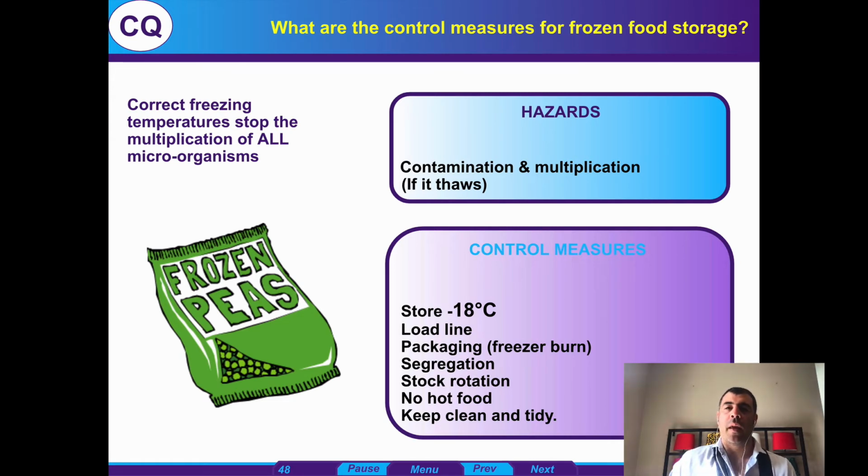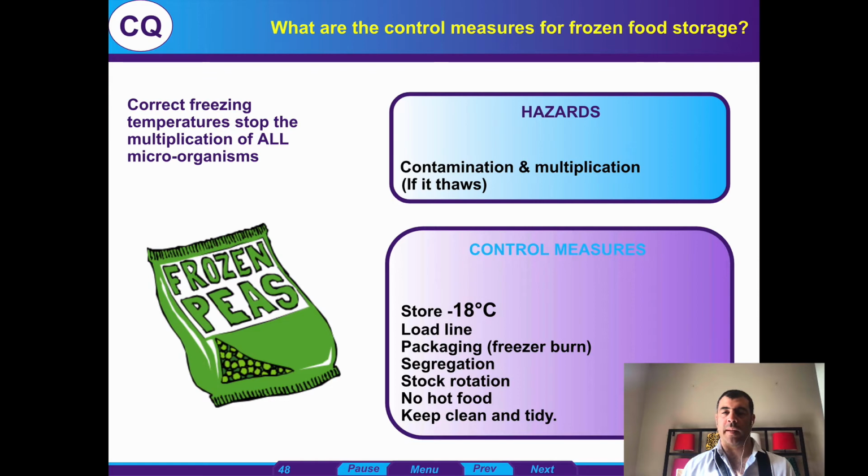Packaging: we've all seen whitish meat that looks a little bit pale and not really appealing. This is usually coming from freezer burn. Food that's stored against freezer walls or in icy freezers will get freezer burn.